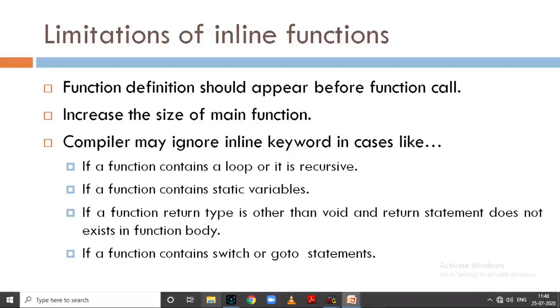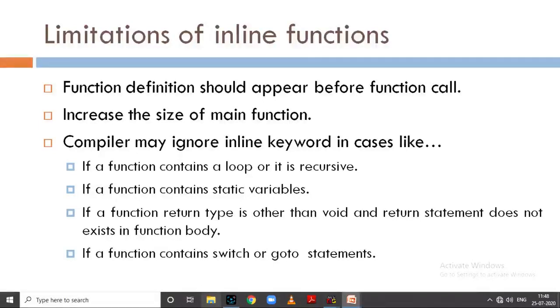The second case is if a function contains static variables. That means if a function has a static variable, then also the inline keyword will be ignored. The third case is if a function's return type is other than void and the return statement does not exist in the function body.